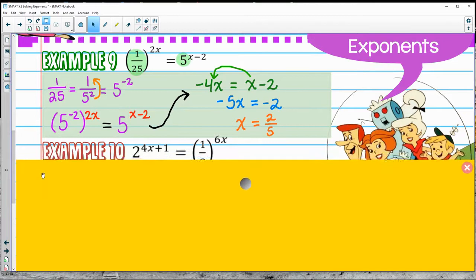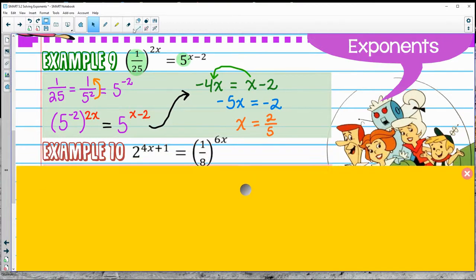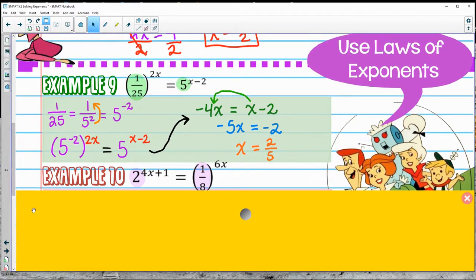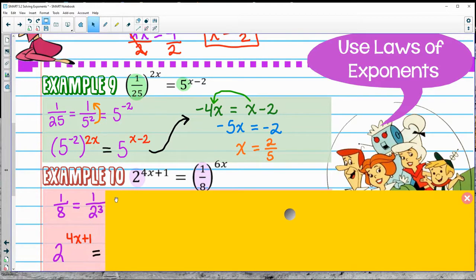Let's try another one. So this one, kind of similar. It looks like I've got a base of 2 on this one instead. That one can't really get much smaller. So now I need to focus on 1 over 8. So again, try to think of using some exponents to help you simplify that. Well, 1 over 8, that's the same thing as 1 over 2 cubed.